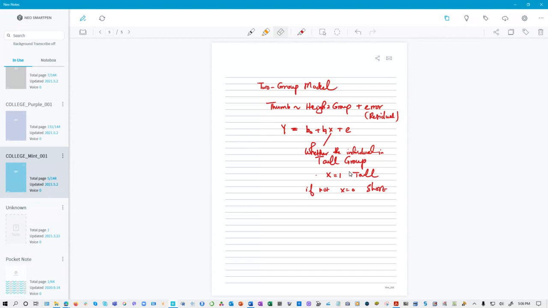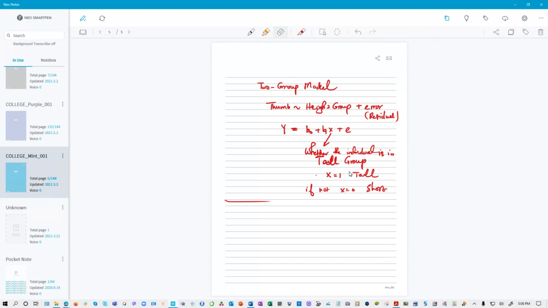That's how short comes into the picture. That's how you assign X1 and X2. Your question should be whether the individual is in the tall group, not the short group. If it is, you put X equals 1.